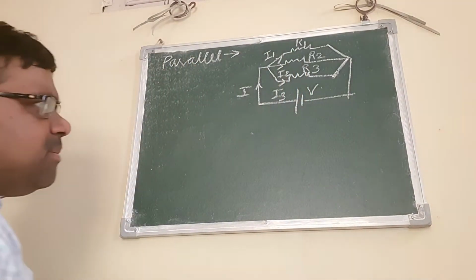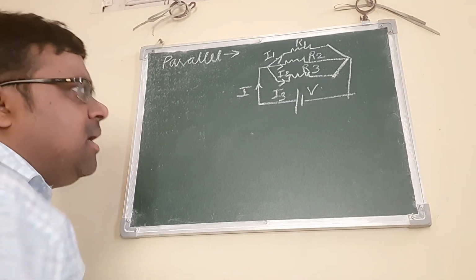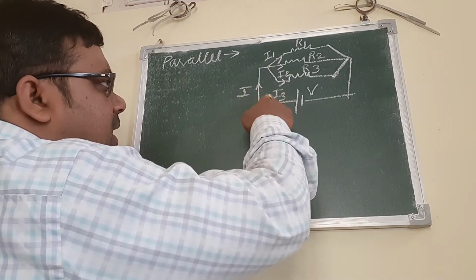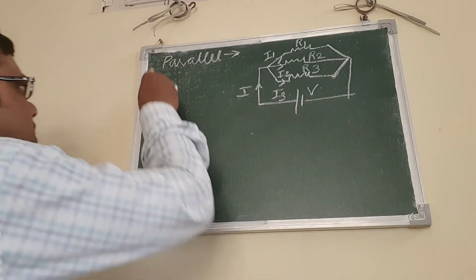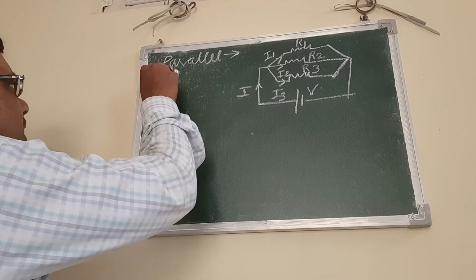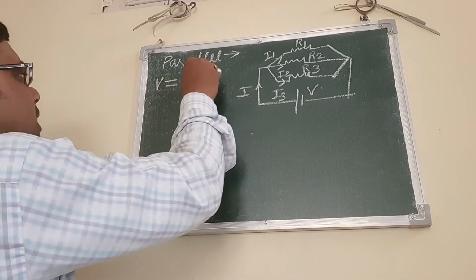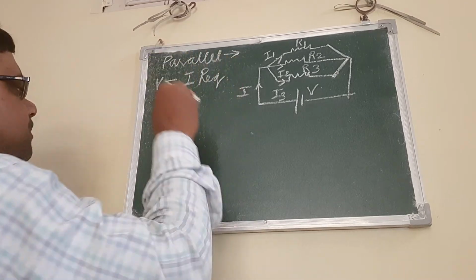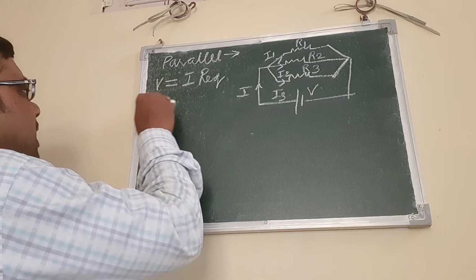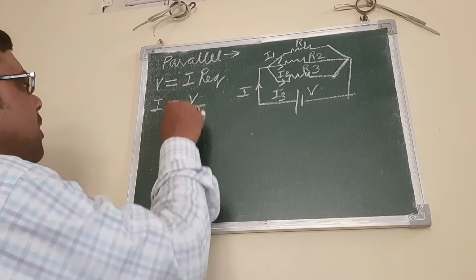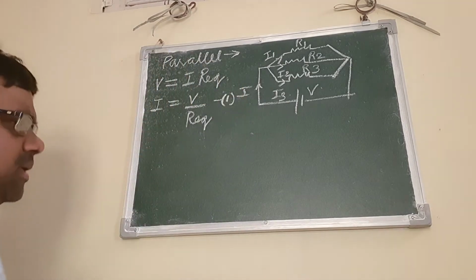Here in parallel combination, the voltage always remains the same, whereas the current is different. So here the voltage is the same. So we can write V is equal to I times R equivalent. From this we can write I is equal to V upon R equivalent. This is our first equation.